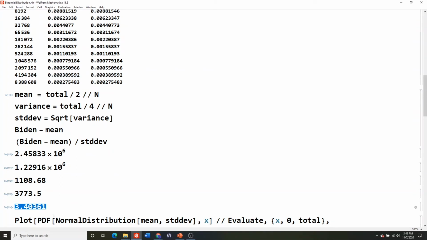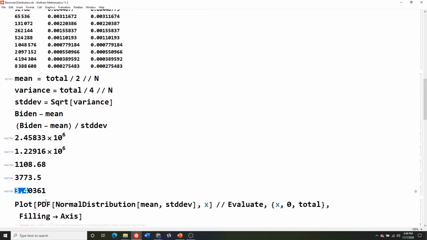And it's even pointing out that this coin flip model is kind of a crazy model. It's saying Biden is 3.4 standard deviations ahead. So that's way ahead of the coin flip model. But there's nothing to say that the coin flip model is an accurate thing.